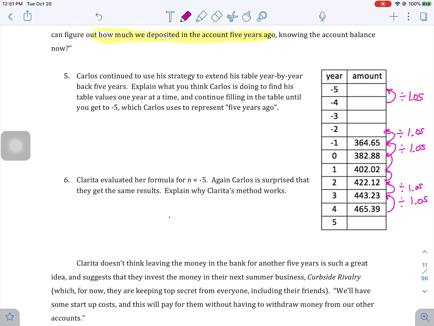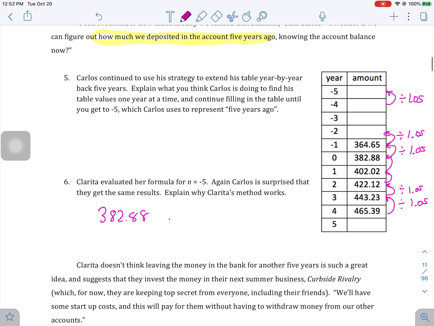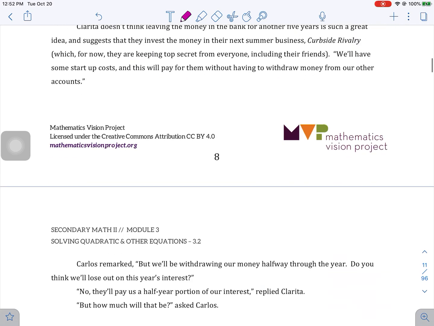Another way is the number of years could be negative. So we could do at our starting point, which is 382.88, and then we are going to still use the same exponential equation, 1.05, but instead of going forward, we would go back. So we'd say back -5. And the reason that works is because 1.05 to the -5th is equal to 1 over 1.05 to the 5th. So that therefore it's a division problem.